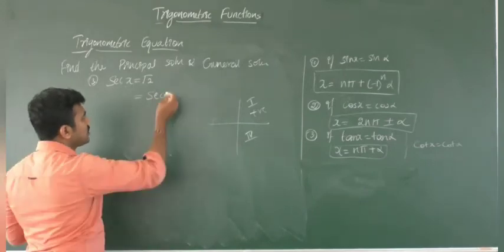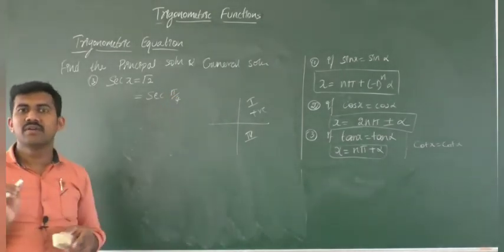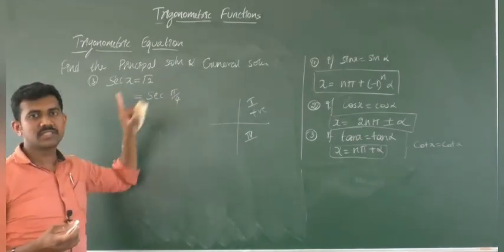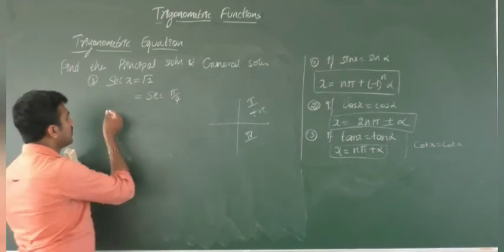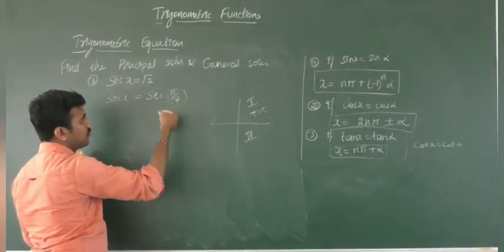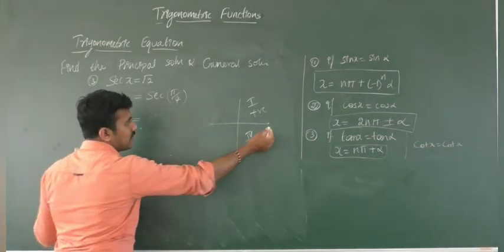Okay, we know secant pi by 4 is root 2. Cos 45 degree is nothing but 1 by root 2. Secant 45 degree is nothing but root 2. So here, one of the principal solutions you got is pi by 4 in the first quadrant. And the next one, how can we find? By using 2 pi.